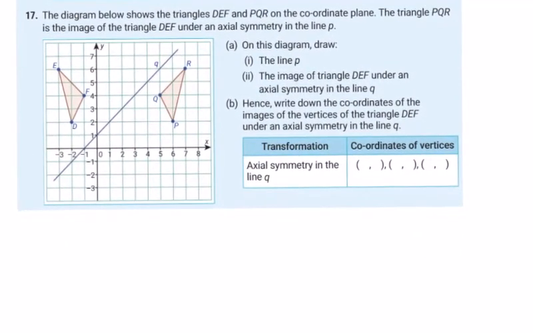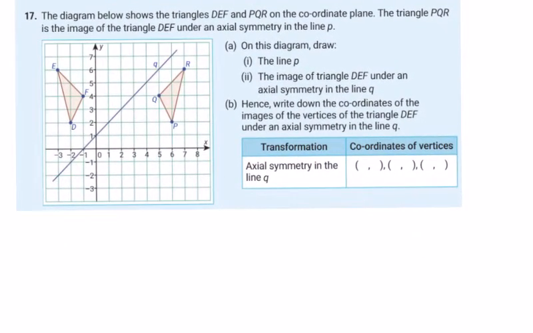Question 17. The diagram below shows the triangles DEF and PQR on the coordinate plane. The triangle PQR is the image of DEF under axial symmetry in the line P. On this diagram, draw the line P. So you can see here F has moved to Q. A jump of 1, 2, 3, 4, 5, 6, it looks like.